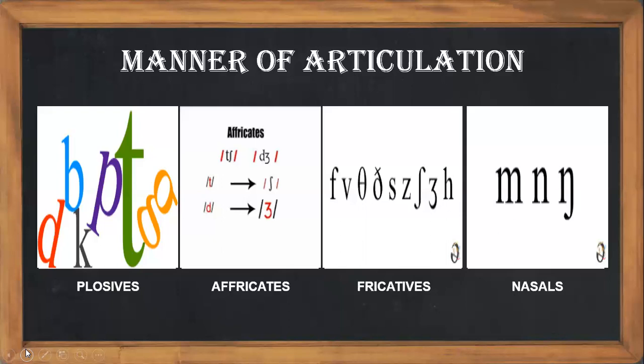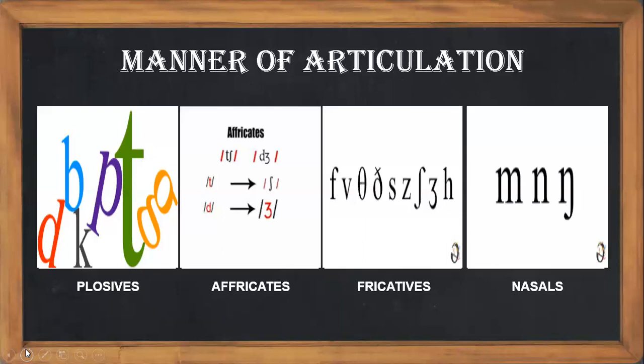Now, the next kind of sounds are trills, which is intermittent closure. That means the active articulator strikes against the passive articulator several times, and the air escapes between the active and passive articulators intermittently.